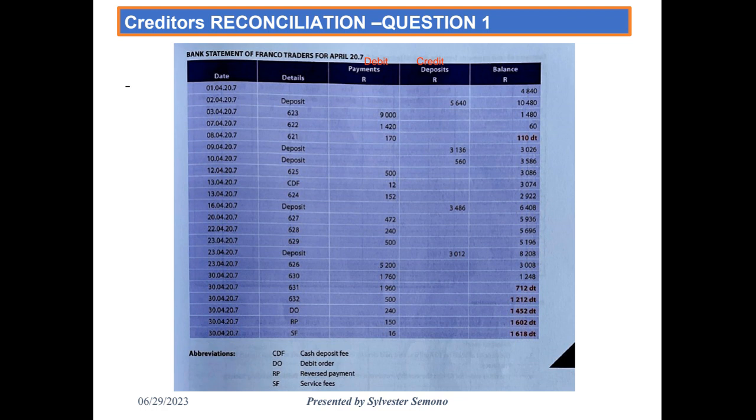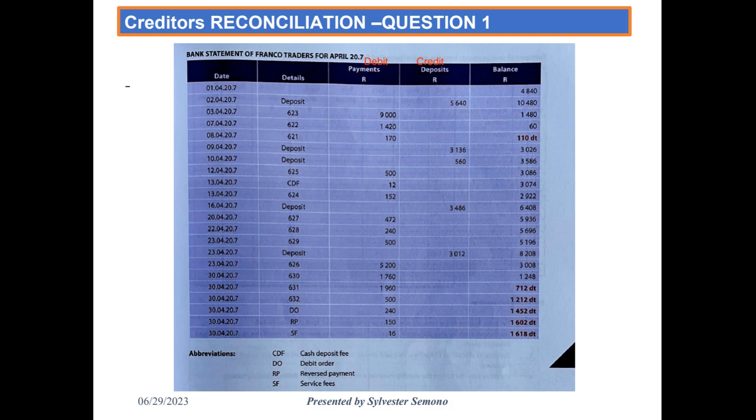Double check something here. Remember, can you see what we did? That's 240. Let's go back to the 240. Okay, 240 is the one that we reversed.